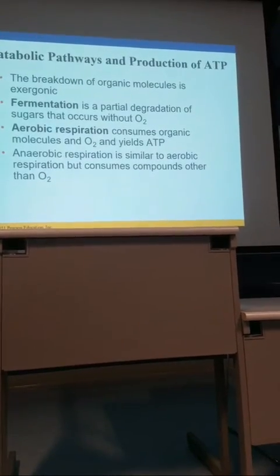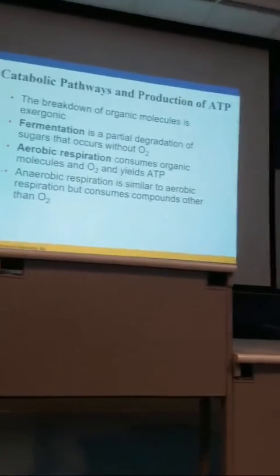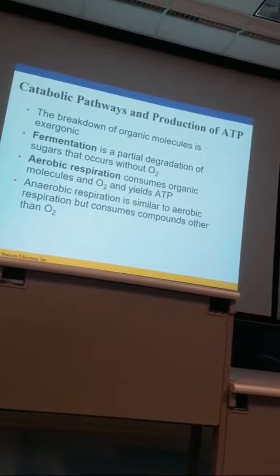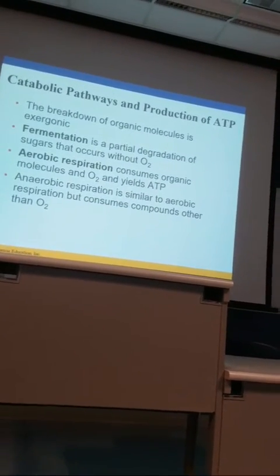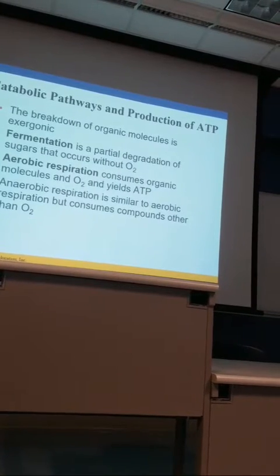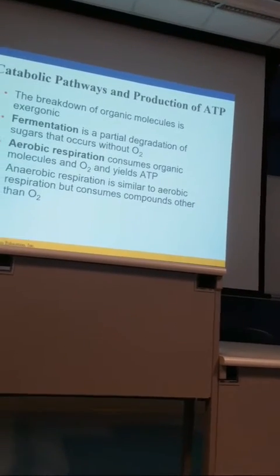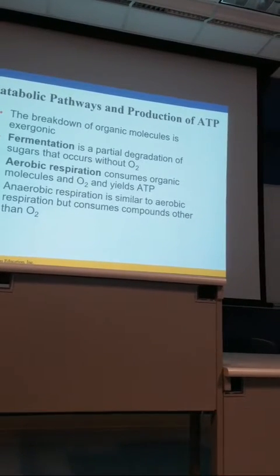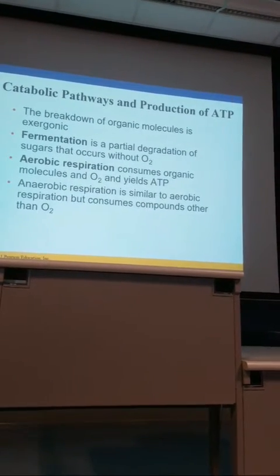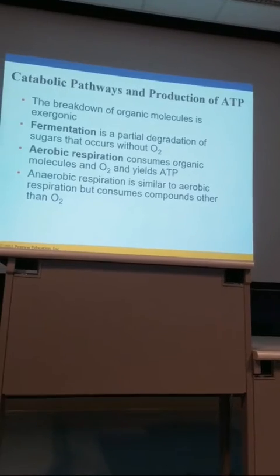You need to know that there's two basic ways, two pathways primarily, to get energy. And energy, when it's released, is a catabolic reaction. Fermentation does not produce enough energy for a large organism to survive on.